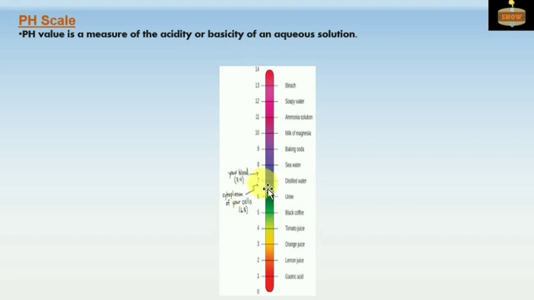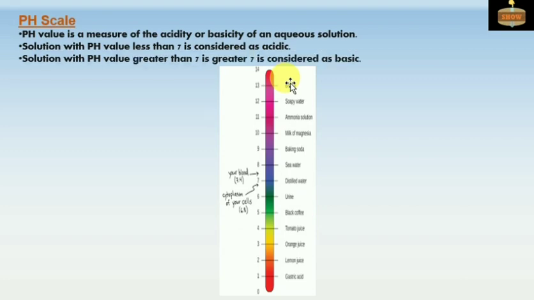According to the pH scale, if the value is less than 7, the solution is acidic, and when the value is greater than 7, the solution is basic. Everything above 7 is basic, and below it, urine and black coffee, these are all acidic in nature.